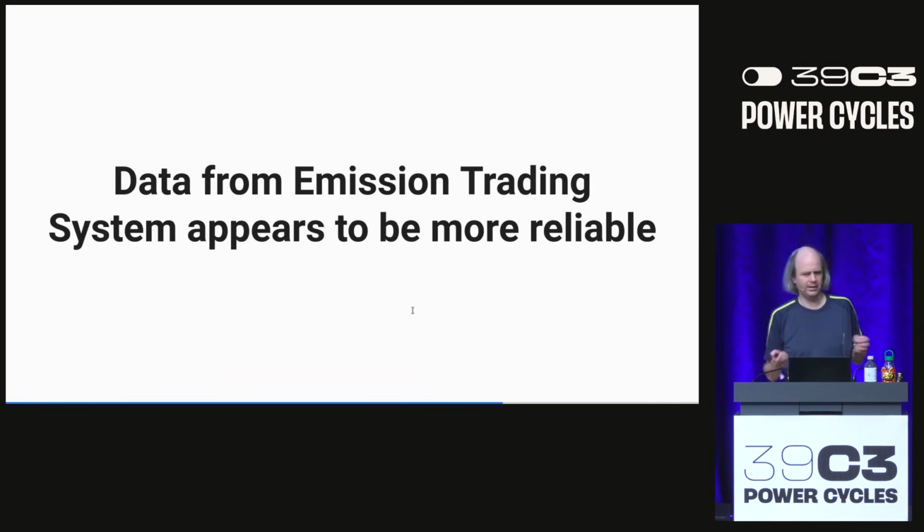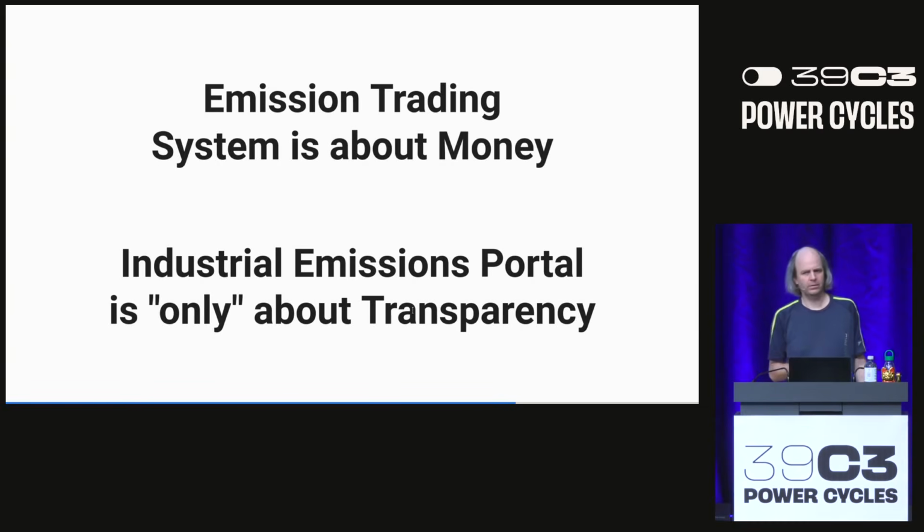So it appears this data from the emission trading system is usually more reliable. Also, maybe not surprising, because this emission trading system is about money, and in this industrial emissions portal, it's only about transparency. That's maybe a bit sad, but it seems like a plausible reason why it's like that.